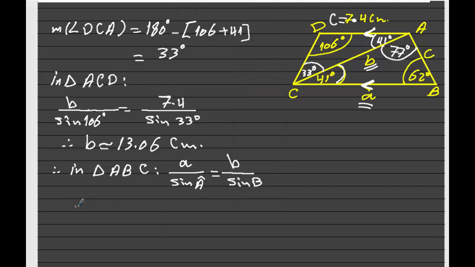Now substitute what we get. A, which is unknown, over sine 77 equals B. What is the length of B? Here approximately equals 13.06 over sine 62.